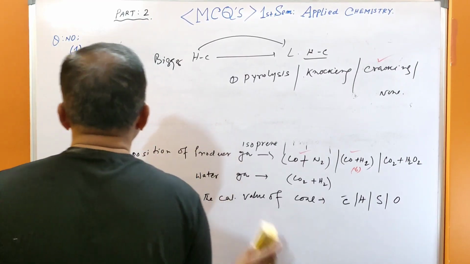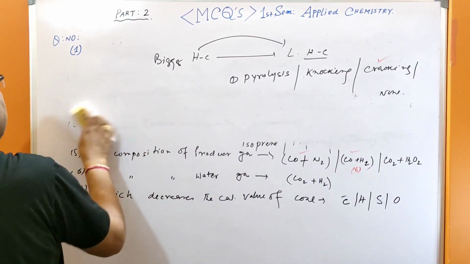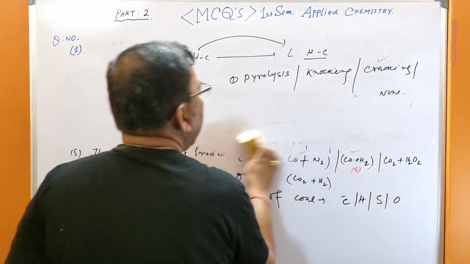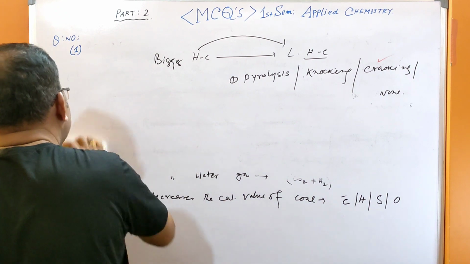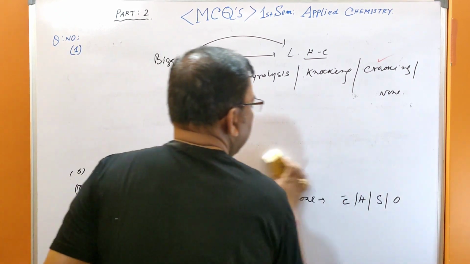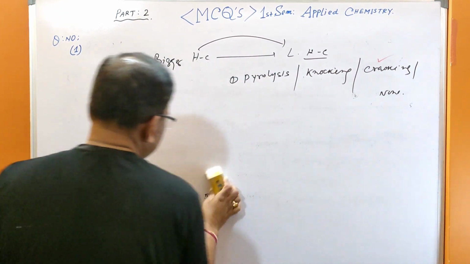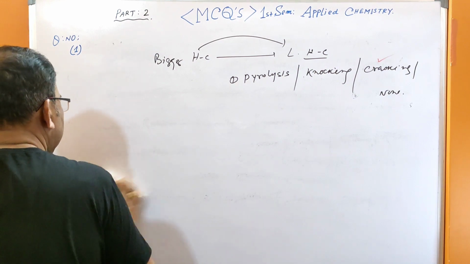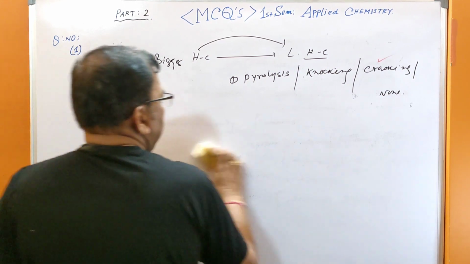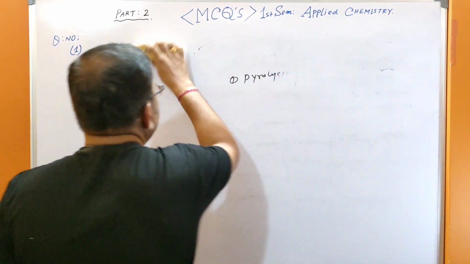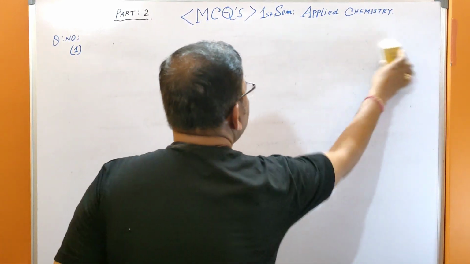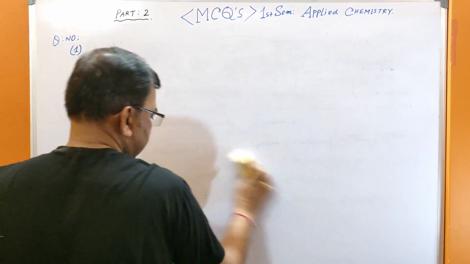To resist the knocking of engine, you have diesel engine, petrol engine, you know cetane number, octane number, I have discussed.